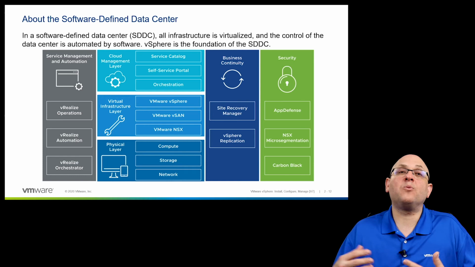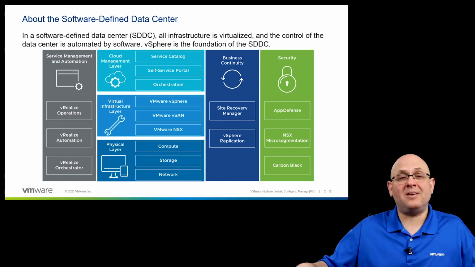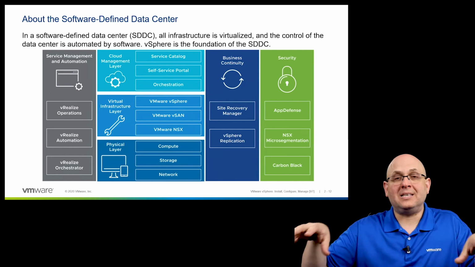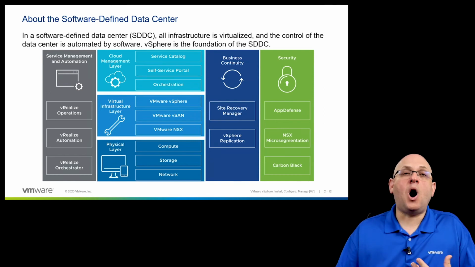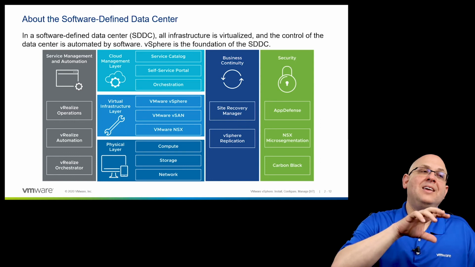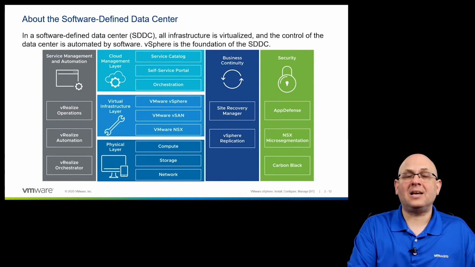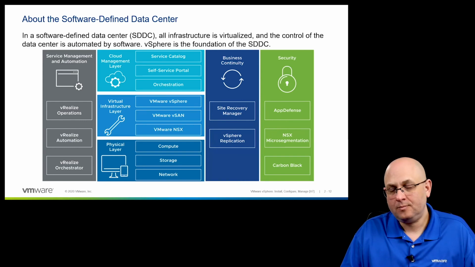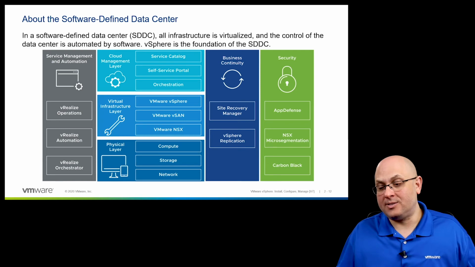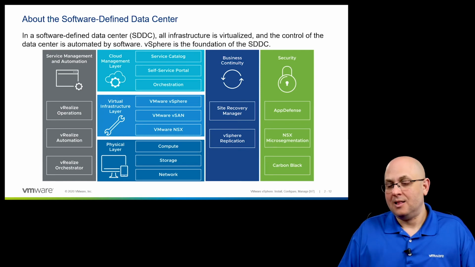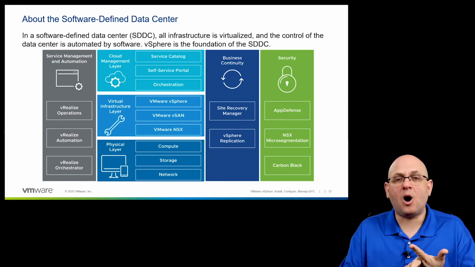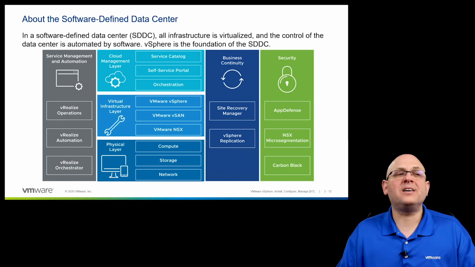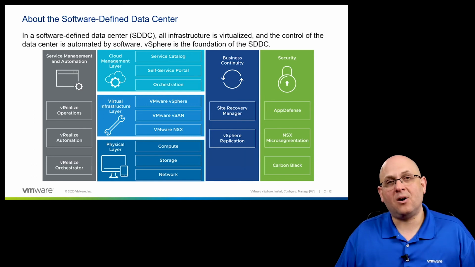We also have Site Recovery Manager that can take those virtual machine files that are existing in two different locations and automate or orchestrate the failover of one data center and all the virtual machines running in one data center to another physical data center. Of course, all of this also requires security. So we have components like App Defense running inside of our virtual machines, microsegmentation, and Carbon Black that can give us that full and complete security picture for the entire software-defined data center.